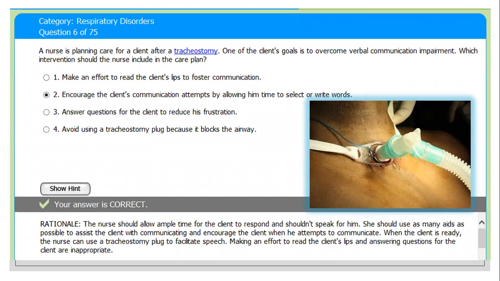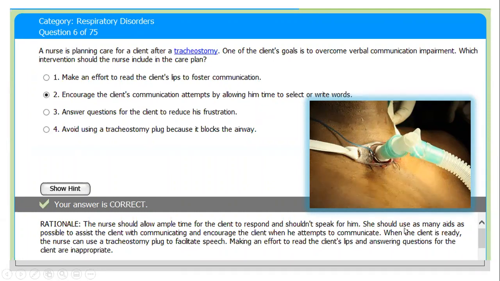As a healthcare provider, it is very important to know how to take care of a tracheostomy tube. First of all, the rationale: the nurse should allow ample time for the client to respond and should not speak for him.